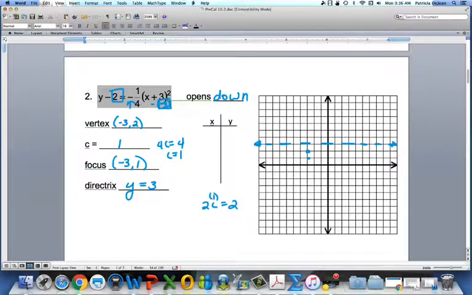So 2 spaces on either side of this focus, right here and right here, are going to be points on the parabola. Okay? So at negative 1, 1, and at negative 5, 1, we have points that are on the parabola. And then we can sort of draw it in. So that's our second example.